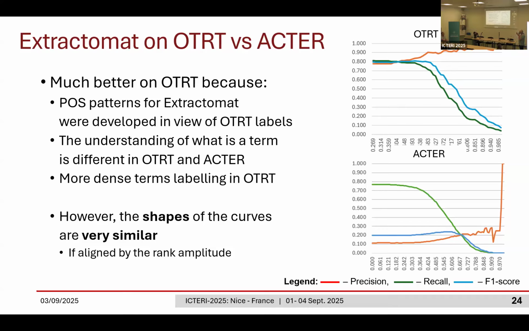The second aspect here is that we have much more dense term labeling in OT-RT compared to ACTA. If you just look at the ACTA sets of terms and texts which are publicly available on their GitHub, you'll see that the term appearance in the text is much more sparse than we have here. However, which is also interesting, the shapes of the curves for OT-RT and ACTA on re-rank are very similar if they are normalized by the amplitude of the rank.